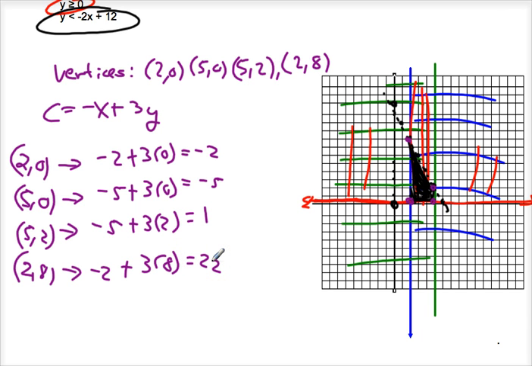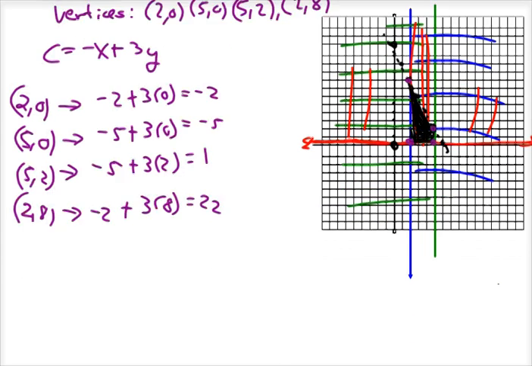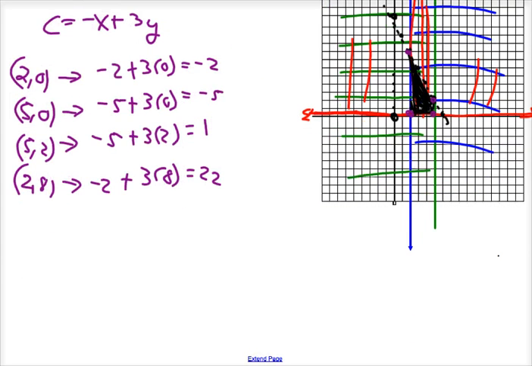When our region is bounded and makes a polygon, like the trapezoid, you get both a minimum and a maximum. This one has a minimum of negative 5. That's the smallest number, and that occurs at (5, 0).